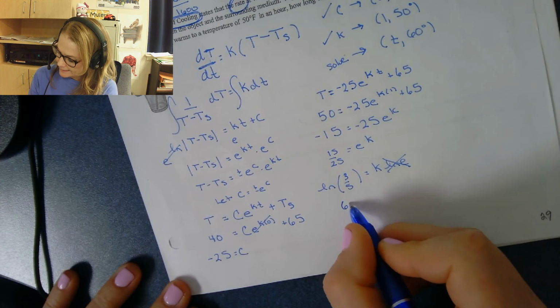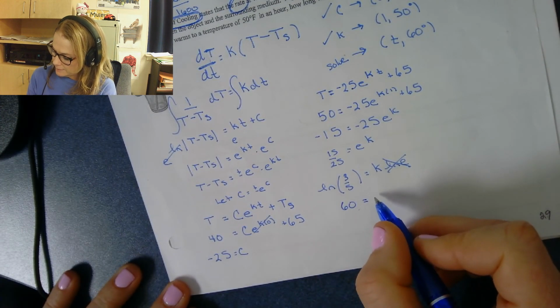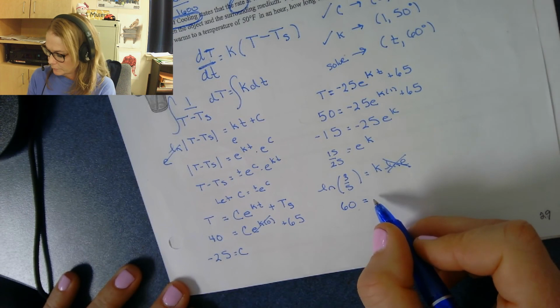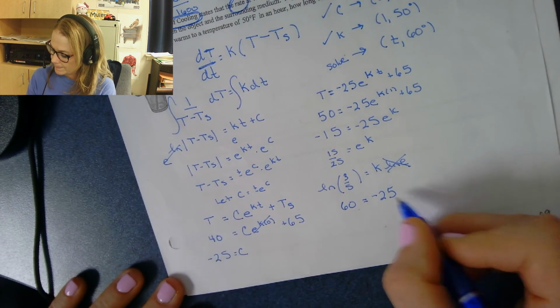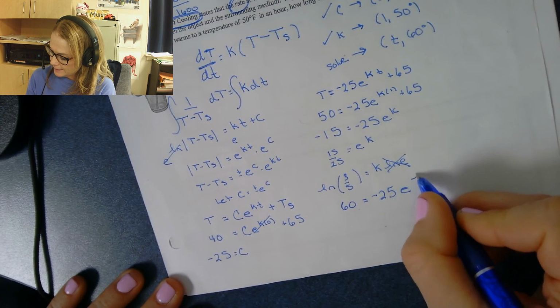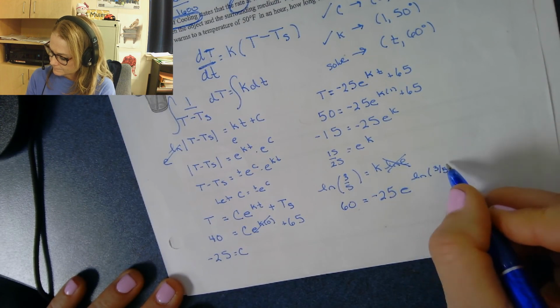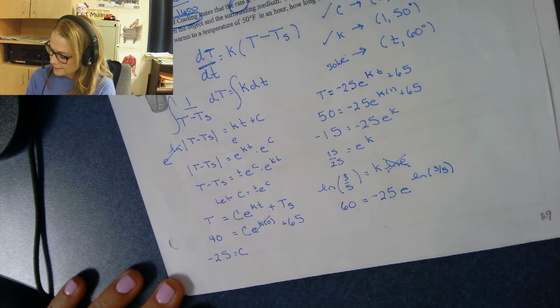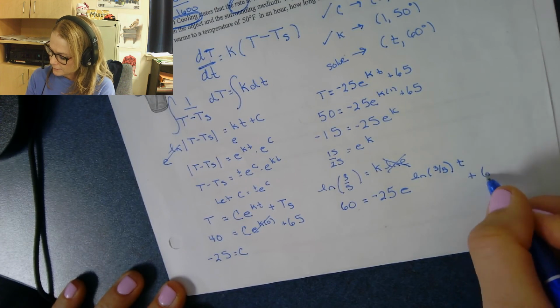When will it be 60? So here's our C value, e to the k, where k is now ln of 3/5, and we've got our t for when, plus our surrounding.